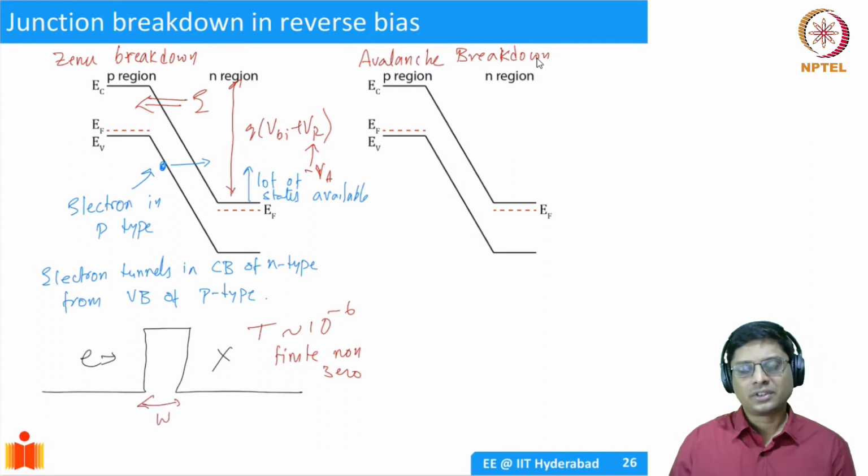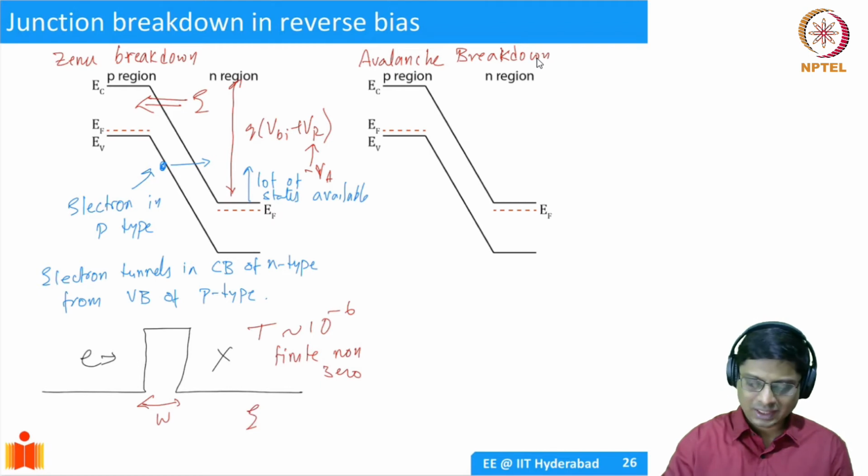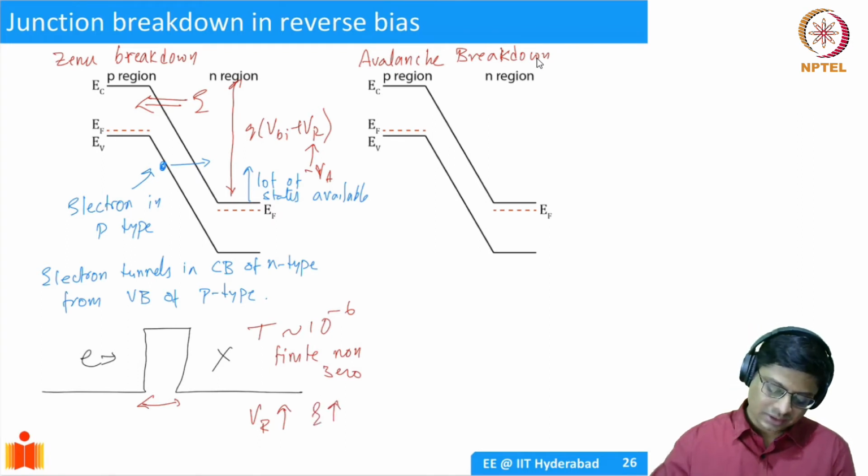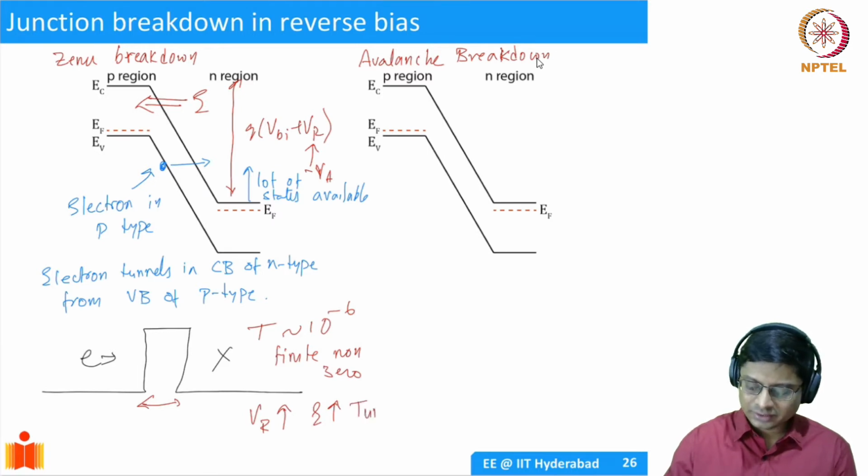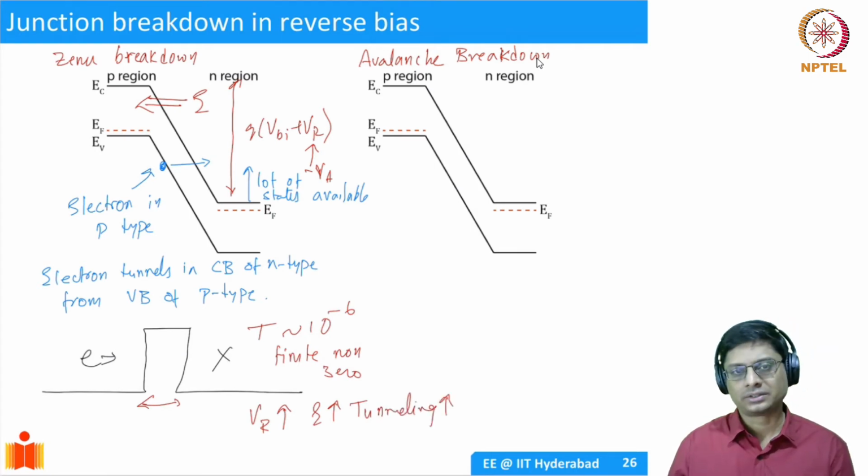If your electric field is increased, or rather the applied voltage is increasing, as V_R increases, the electric field increases because the gradient is stronger. And because of that, tunneling increases.